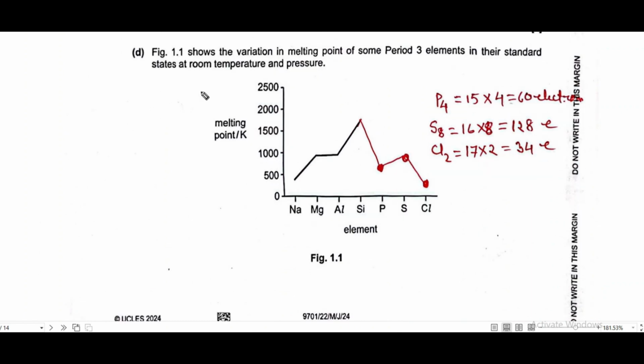Next, number D. The figure shows the variation in the melting point of period 3 elements in their standard states at room temperature and pressure. This is the y-axis, melting point, and the x-axis, elements: sodium, magnesium, aluminum, silicon, phosphorus, sulfur and chlorine.